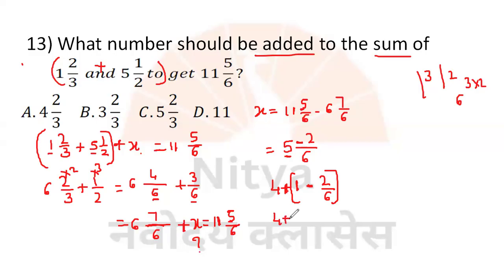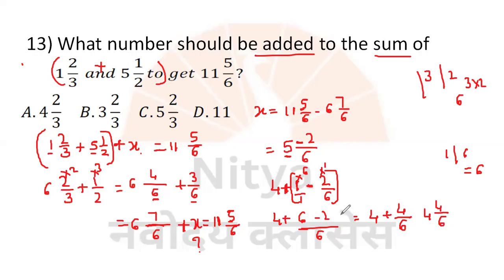So 4 here is nothing, and 1 and 6, the LCM is 6. 1 times 6 is 6, and 2 times 1 is 2, and the denominator is the same, 6. So we get 4 plus 6 minus 2 is 4, divided by 6. So 4 4/6 is the answer.